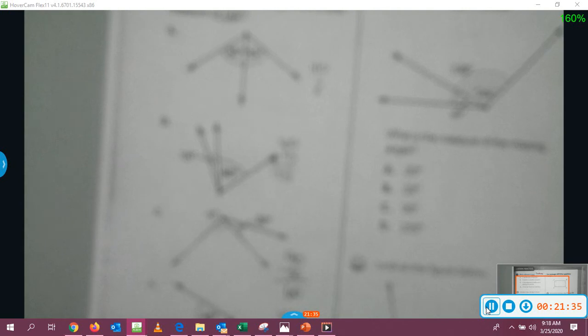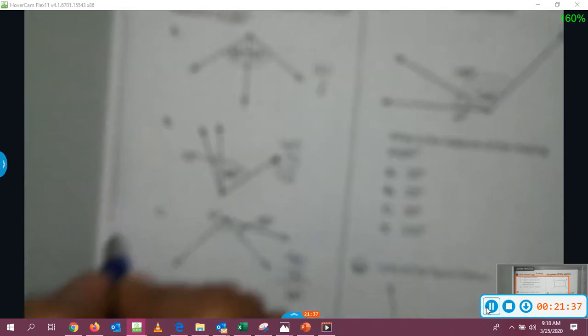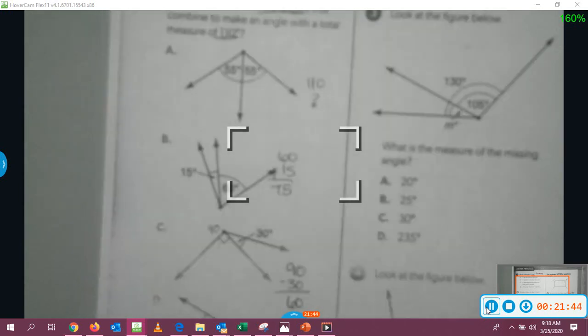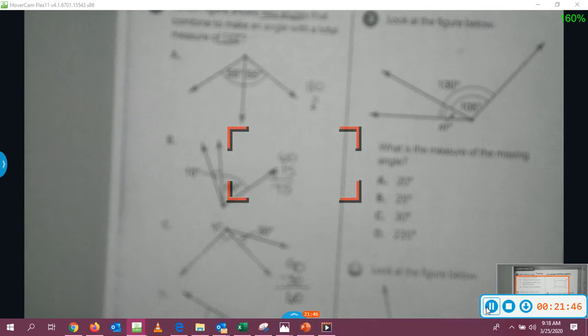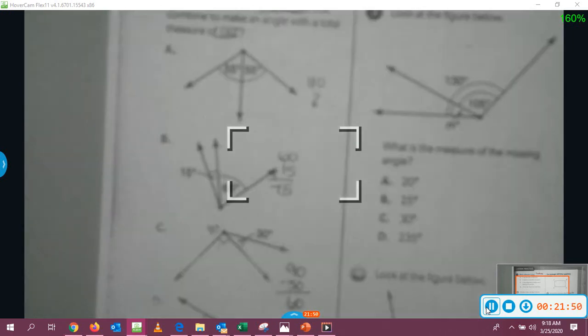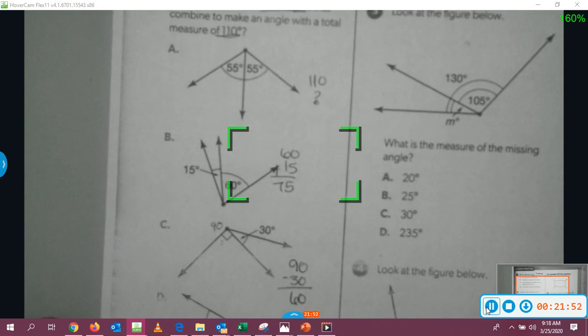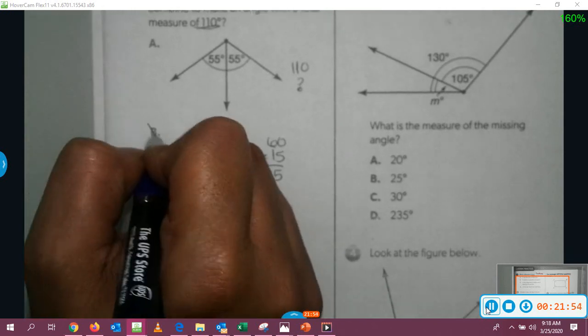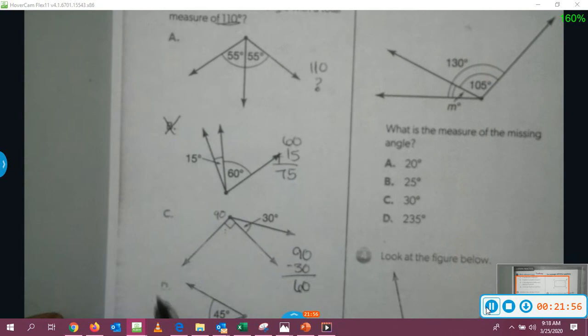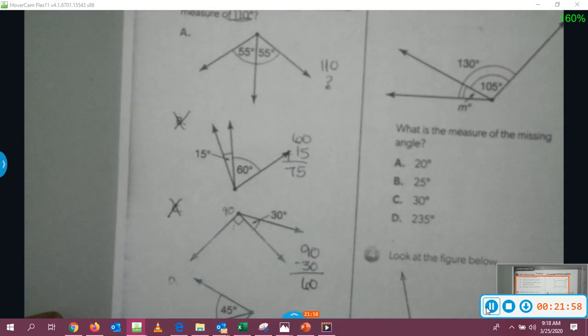So could that be the right answer? We're looking for 110. So we know B is not the correct answer, and we know that C is not the correct answer. So let's add up D.